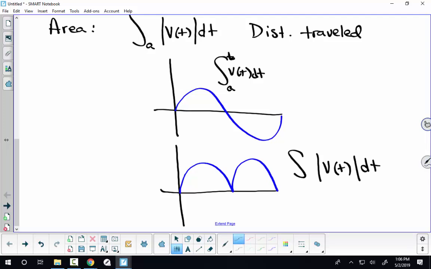So whatever's negative, we make positive. So that's the total distance traveled. Above is the displacement or the change in position. I don't know, there's a few ways to think about that, so hopefully that's helpful. Okay. Any other questions?